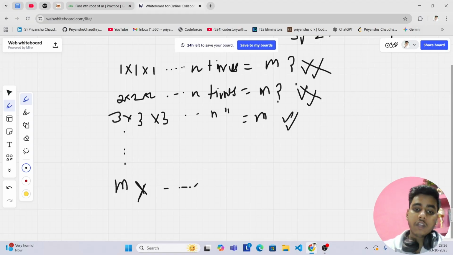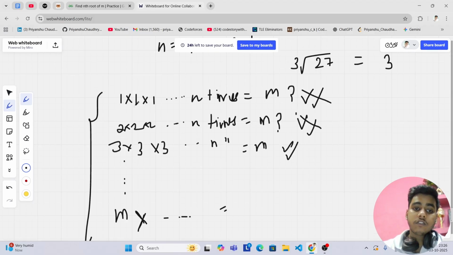So we can just try multiplying up to m. We can use a for loop starting from 1, then 2, then 3, and going up to m, and check if we multiply this 1 n times, 2 n times, 3 n times, does it give m? When it gives m, we can say that this i is our answer.